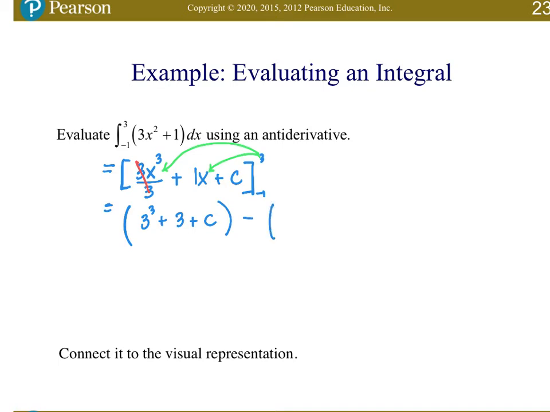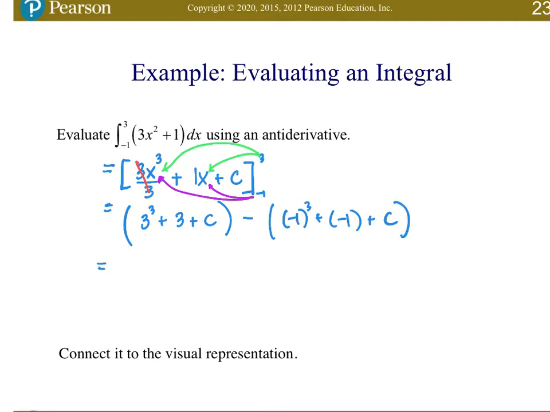And then minus, and then I will put the lower bound into both places of the antiderivative. So that would give me quantity -1 cubed plus -1 plus c.